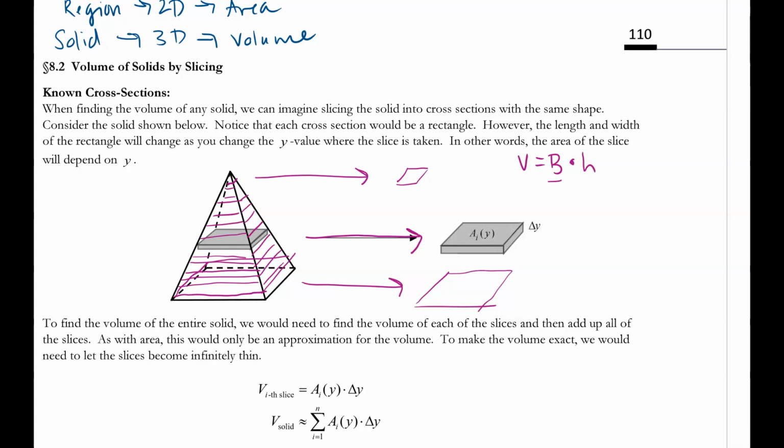So if you look at this slice, this A sub i right here represents the area of the ith slice. So A sub i is an area. And this delta y is just how tall the slice is.